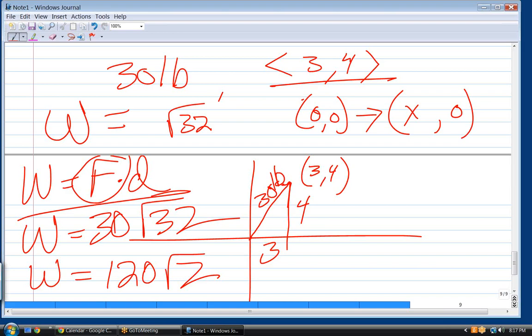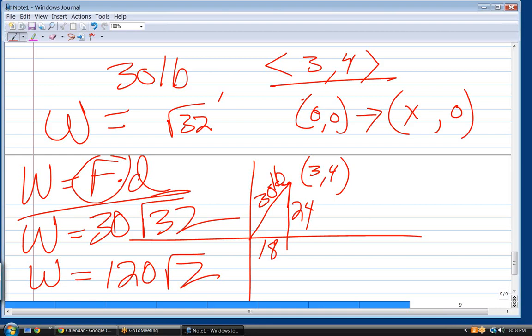Since the force is 30, this would be a 3, 4, 5 triangle, so I need to multiply each of these by 6. In other words, this is an 18, 24, 30 triangle, which is a 3, 4, 5 triangle times 6.